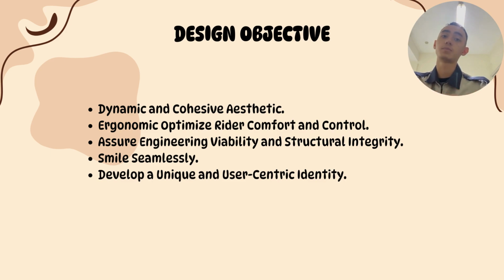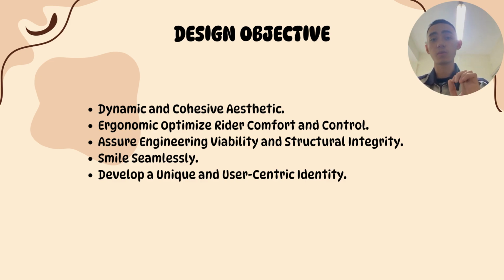And then the next point is to ensure engineering viability and structural integrity. It means designing every part and the main frame so they're easy to build and strong enough to be safe and reliable on the road.